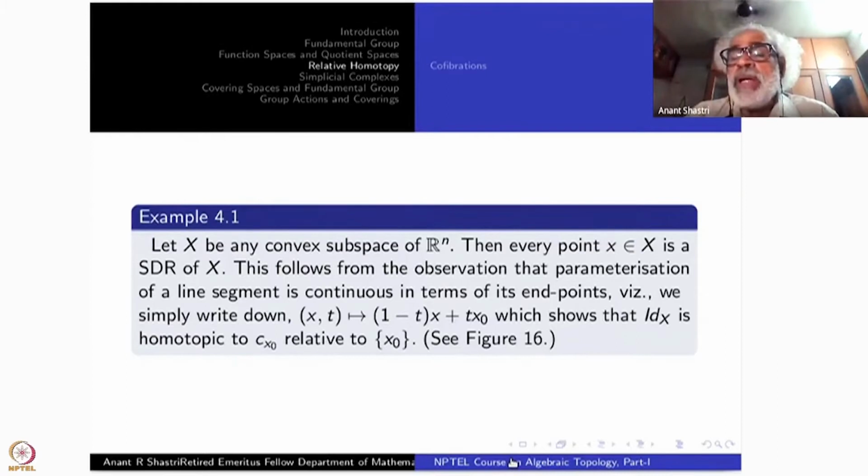What was the homotopy? (x, t) goes to t times x plus (1 minus t) times x naught. Every point. So let us say x naught is fixed. Then t times x plus (1 minus t) times x naught, that is the strong homotopy. It will not move the point x naught at all.